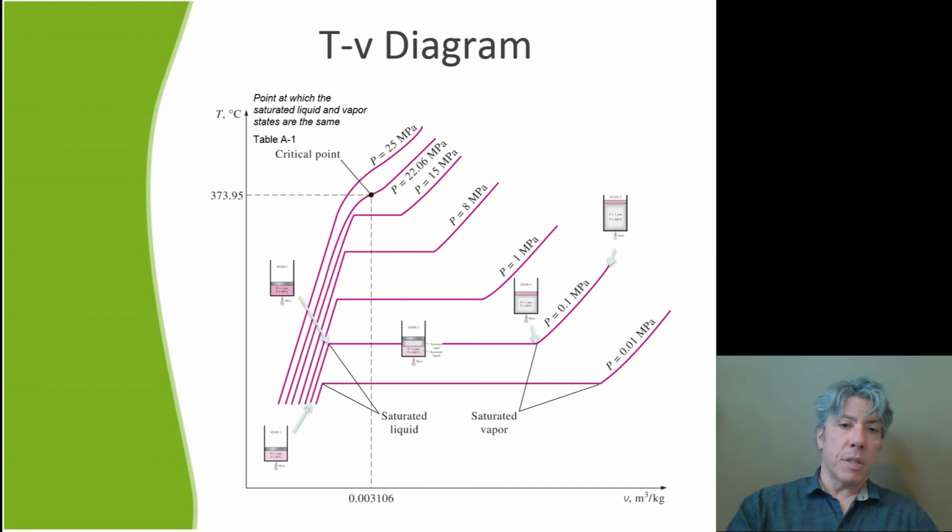Now we could repeat this experiment for many different pressures, and we'd find different saturation points, different saturation temperatures obviously. And we'd also finally find a point where we'd be changing temperature, and then all of a sudden it would be a pure vapor and would just continue changing temperature.